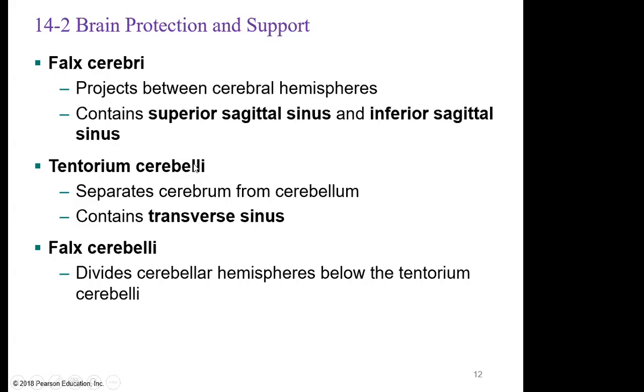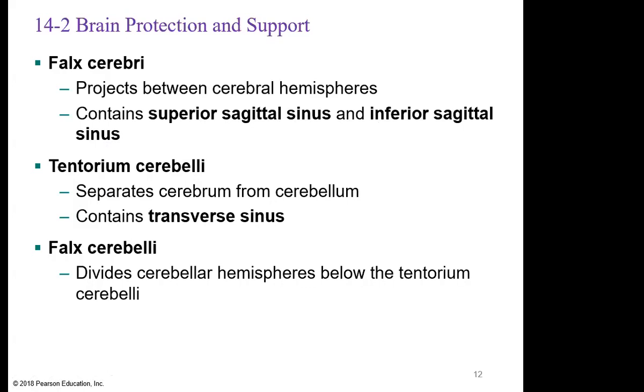Then we have the tentorium cerebelli. So this is going to actually separate the cerebrum from the cerebellum, and it will contain the transverse sinus. If I were to make a transverse cut across my abdomen, then we get two different portions, right? We get a superior and an inferior, right?